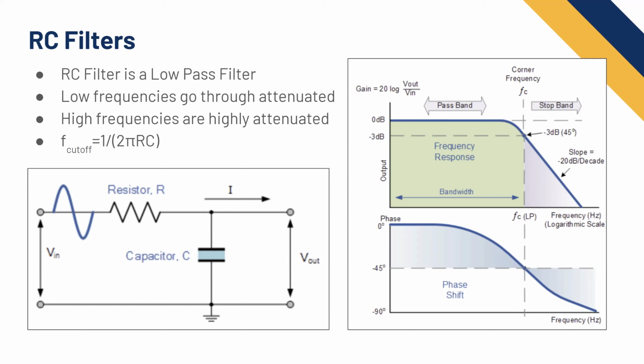We can also look at it as the capacitor impedance decreases as frequency increases. So those signals will actually be shorted to ground, because if the capacitor impedance is much lower, like with a really high frequency signal, it's just shorted to ground. So that voltage will be zero.